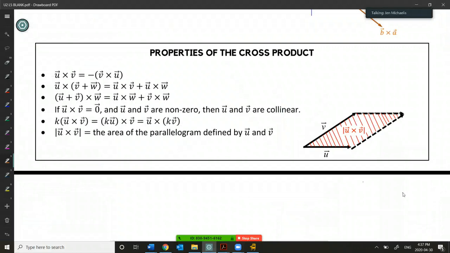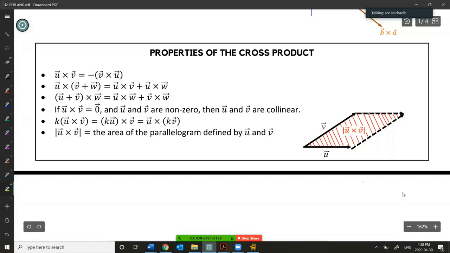Let's take a look at a couple of properties of the cross product. As we saw above, our cross product results in two opposite vectors if we cross in the opposite order. So u cross v is going to be equal to the opposite of v cross u.